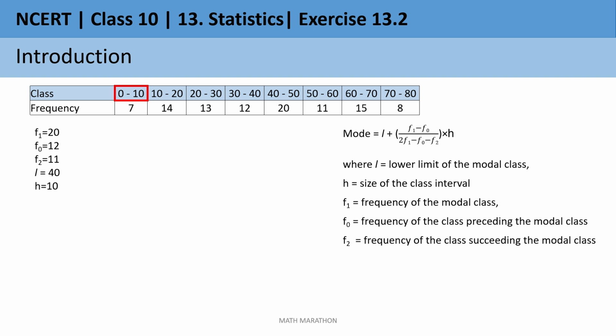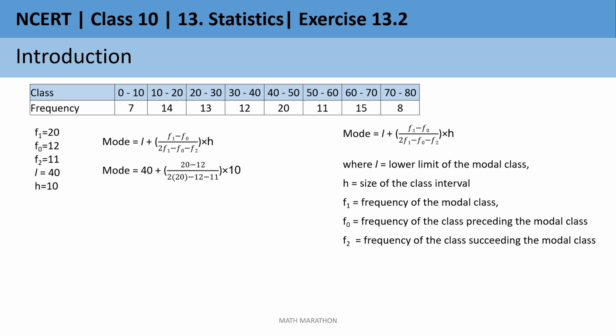H is class interval. In class, 10 minus 0 is 10. Class interval, H is 10. Formula to calculate mode is L plus (F1 minus F0) divided by (twice of F1 minus F0 minus F2), multiplied by H. Mode is equal to L, which is 40, plus F1, which is 20, minus F0, which is 12, divided by twice of F1, which is 20, minus F0, which is 12, minus F2, which is 11, multiplied by H, which is 10.